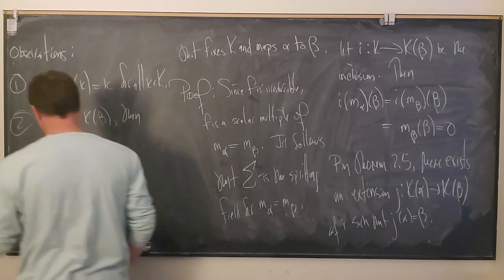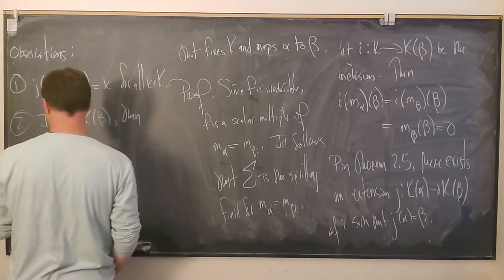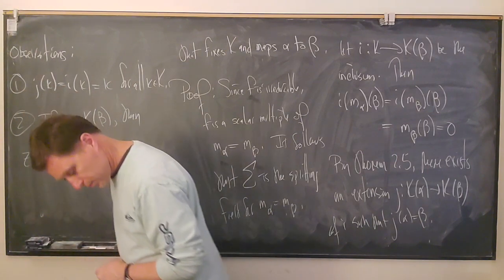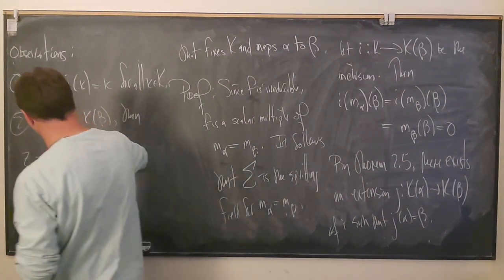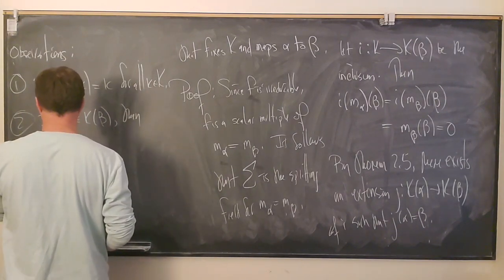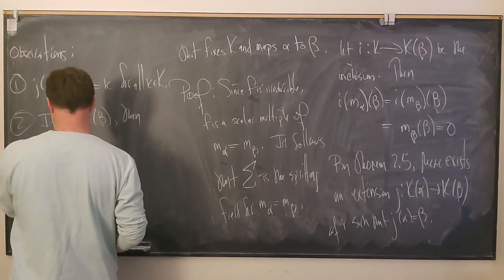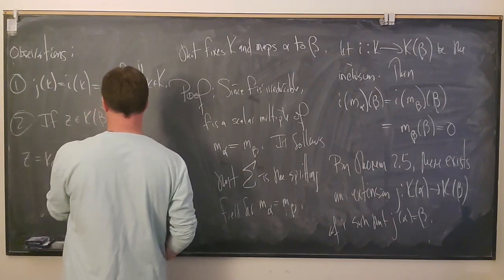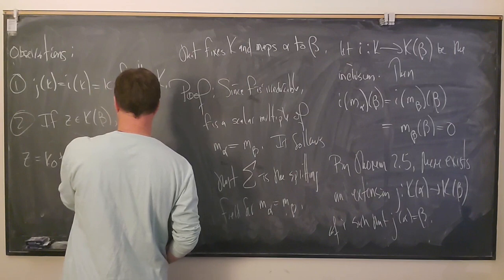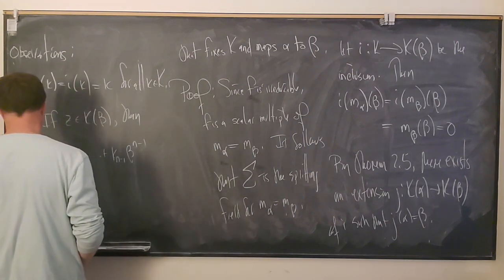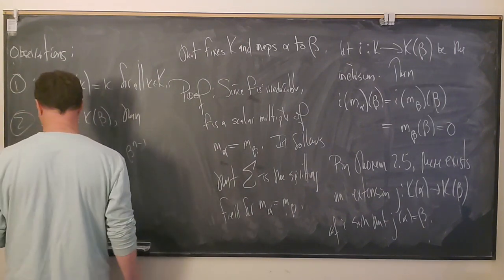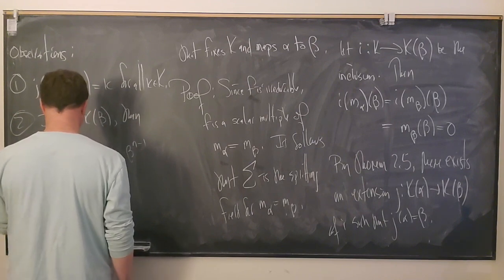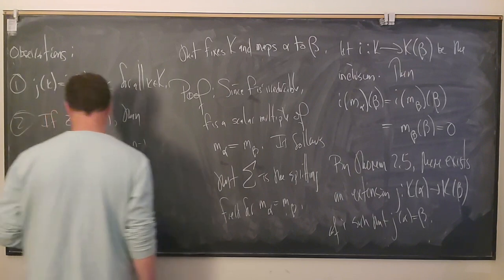So then Z is equal to k0 plus k1 beta plus dot dot dot plus k n minus 1 beta to the n minus 1 for some k i's in capital K.